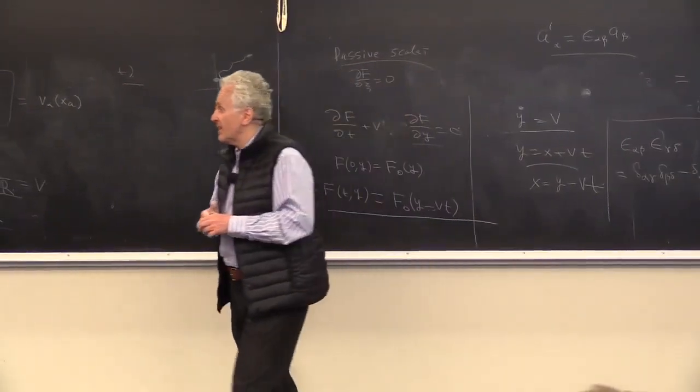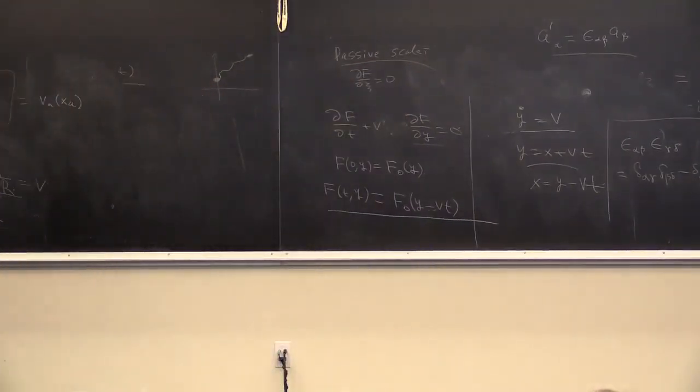Actually, I can tell you, at the end of the 19th century, great scientists like Kelvin and some others were very much fascinated by the idea that atoms are made of vortices.